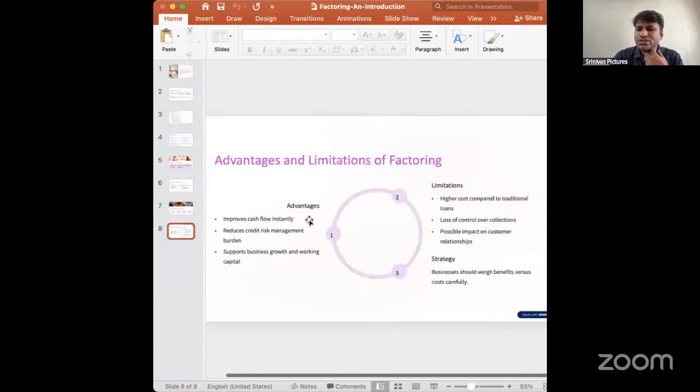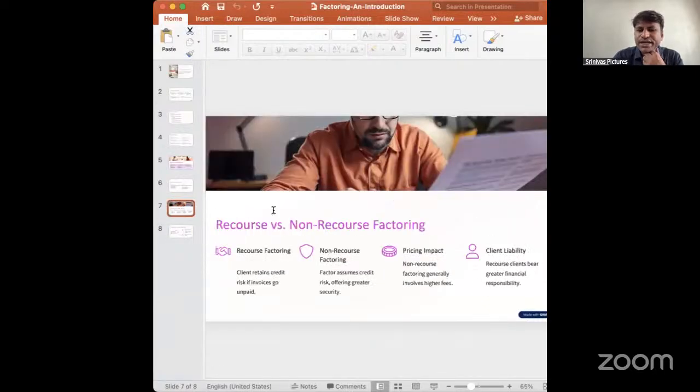Recourse factoring means the client retains the credit risk if the invoice goes unpaid. Non-recourse factoring means the factor assumes the credit risk, offering greater security, and pricing impact: non-recourse factoring generally involves higher fees.